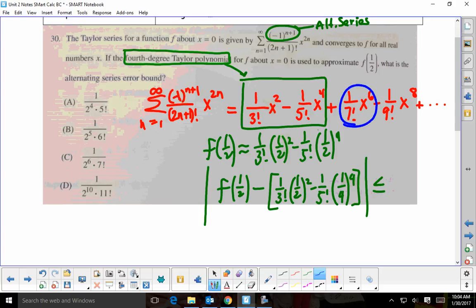Here's my next term. But we're actually plugging in what for x? 1/2. So this is saying my S to the infinity minus my 4th degree Taylor polynomial, the S of the first 2 terms, is less than the next term. Simplifying this, well, actually you don't even have to.